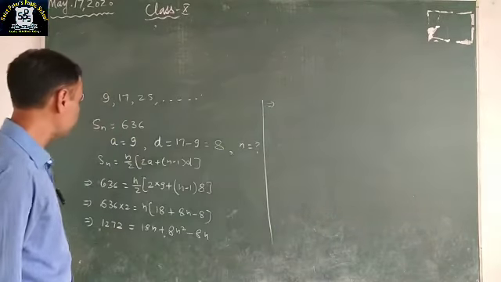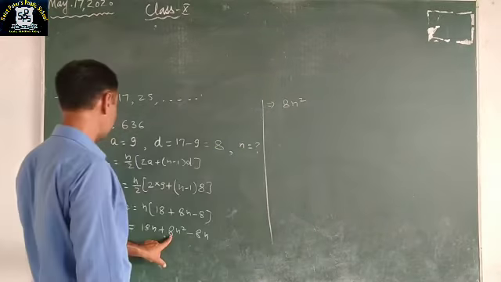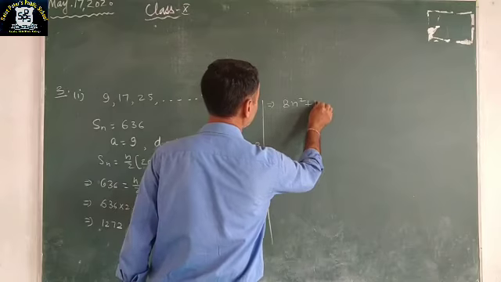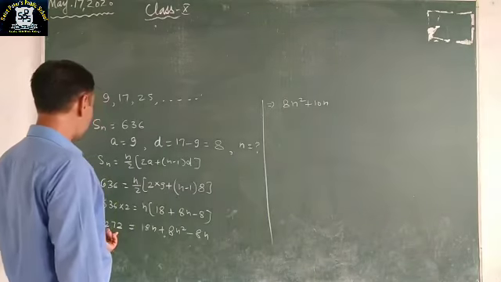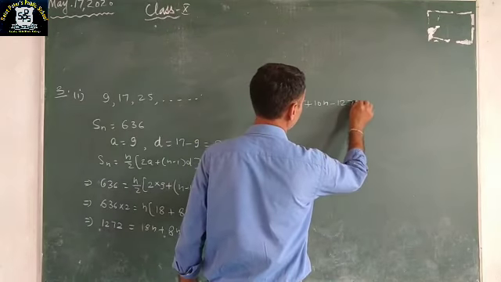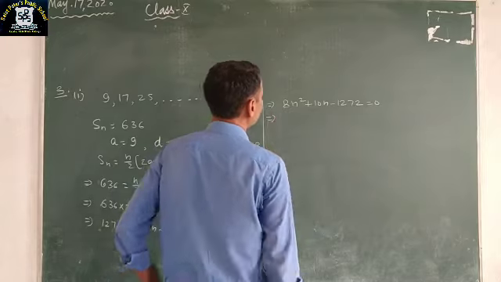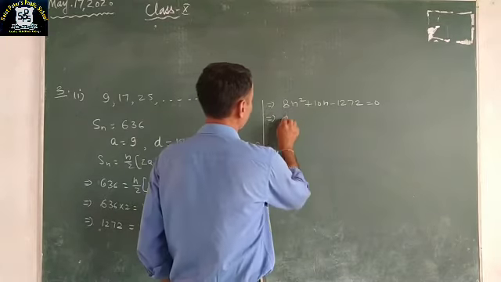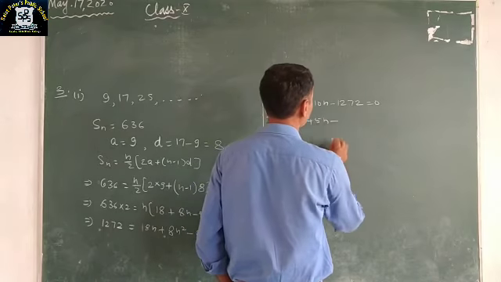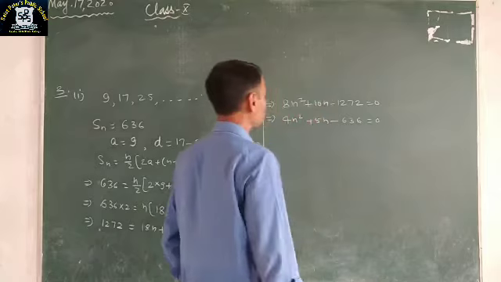Next step, 8n square, 18n minus 8n is 10n, and by transferring this 1272 to the other side, minus 1272, that's 0. Now divide it by 2, so 4n square plus 5n minus 636 is equal to 0.